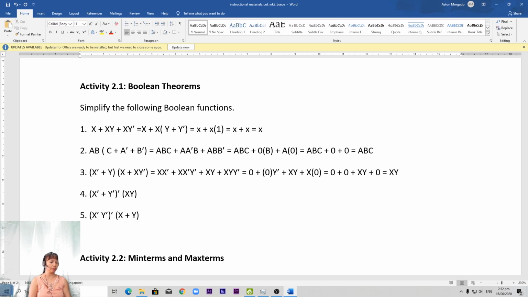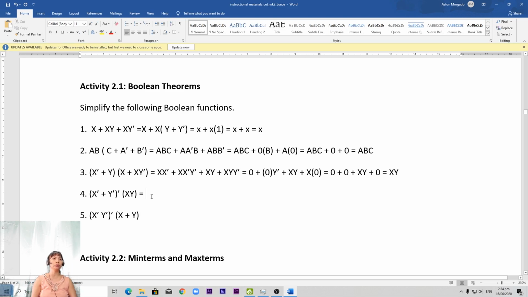Next, for number 4, we now have De Morgan's theorem here: (x prime plus y prime) prime, then multiplied by (x plus y). So what are we going to do first?